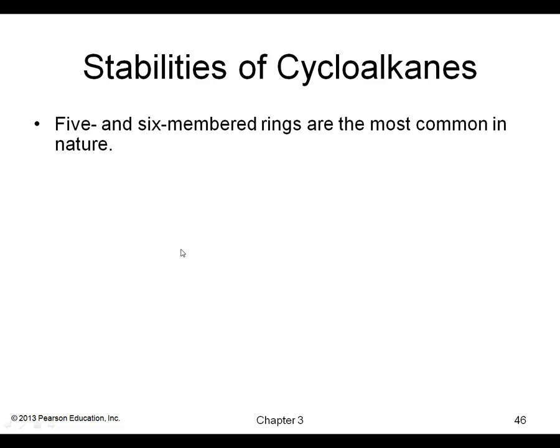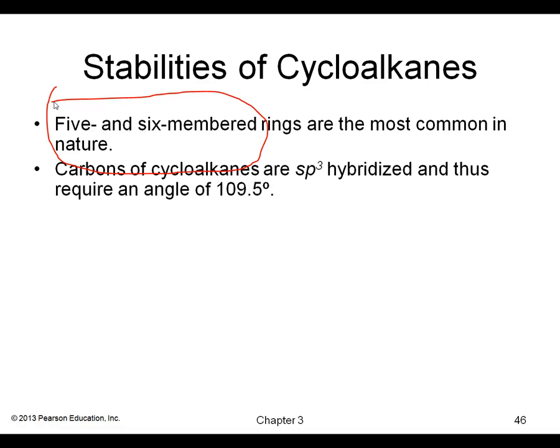Now we're going to talk about stabilities of cycloalkanes. Okay, the most stable cyclic alkanes are the 5- and 6-membered rings. Okay, carbons are sp3 hybridized, and so they require an angle of 109.5.